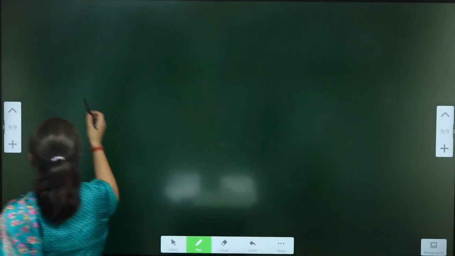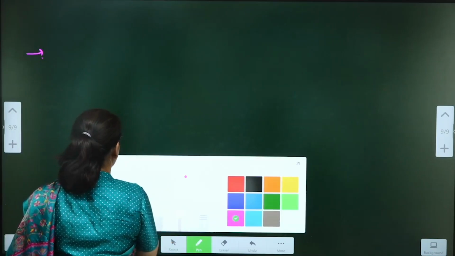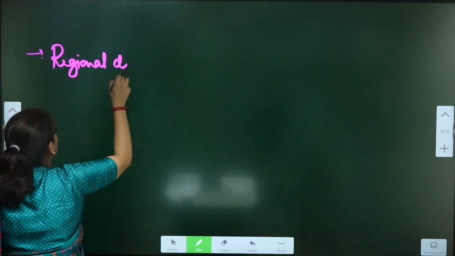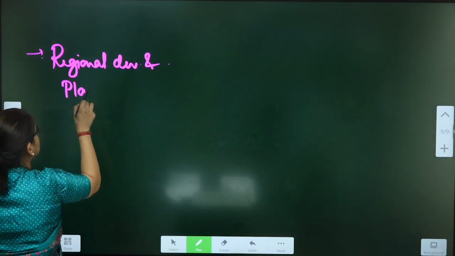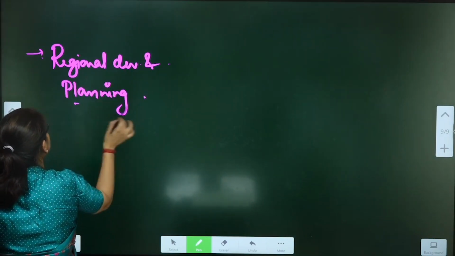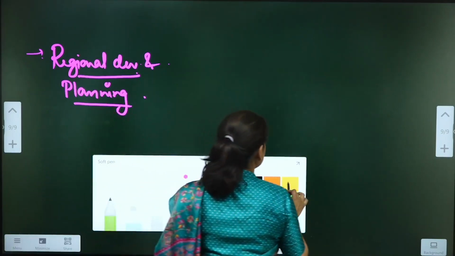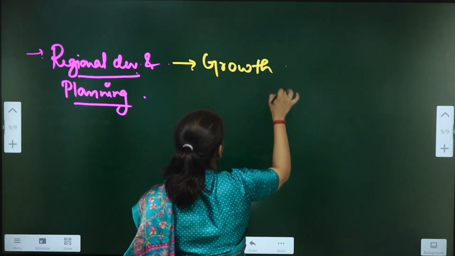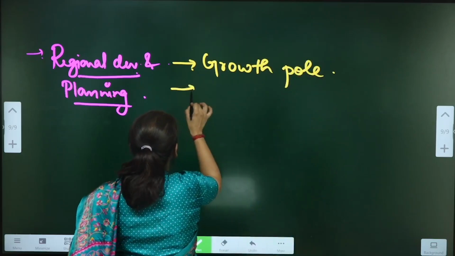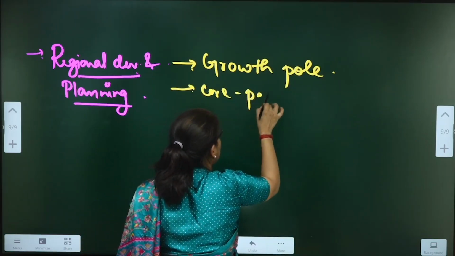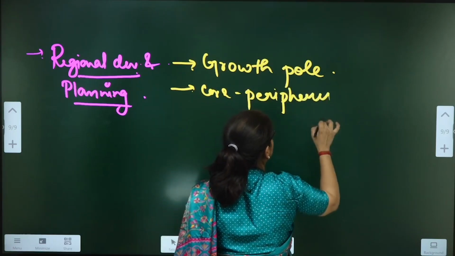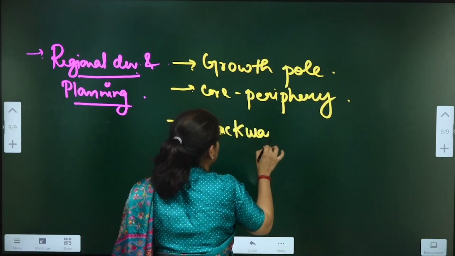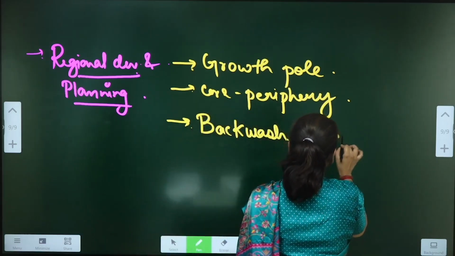So for example, if you have studied the concepts of regional development and planning, here you will learn about concepts like growth pole, core periphery, backwash and spread effect.